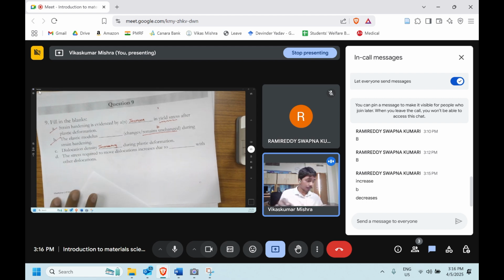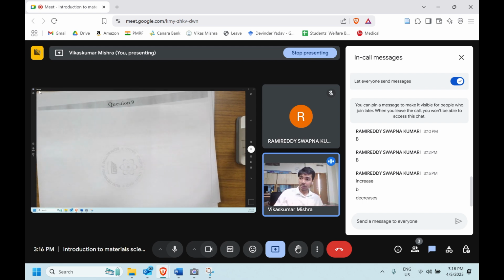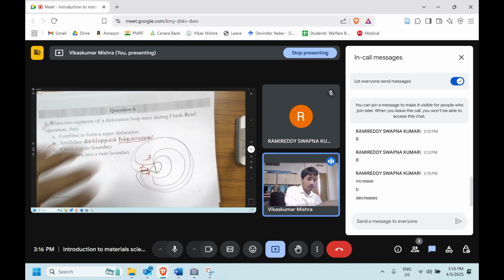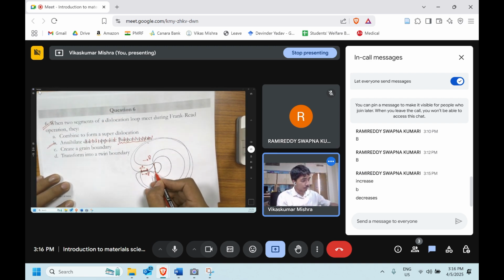Right. We saw over here that this initial dislocation has now bifurcated into two dislocations. One is this part and another one is this one.